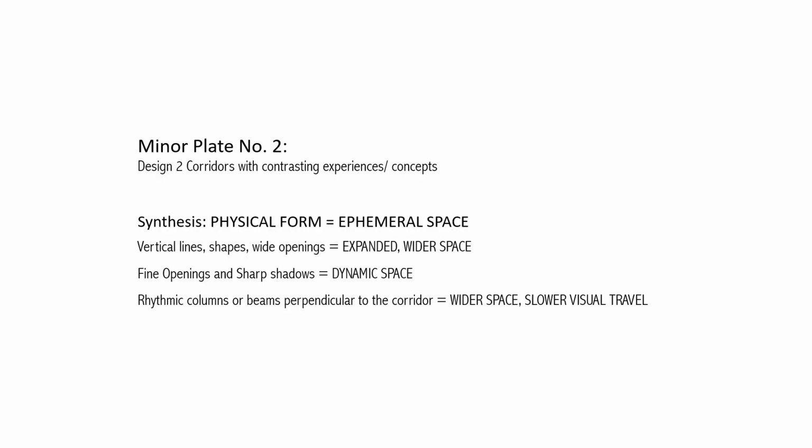Okay, so minor plate number 2 is about contrasting, conjuring experiences with a specific notion that the physical form, how you arrange the elements of the physical form of the structure, will affect the space within. And both of them are very, very crucial.